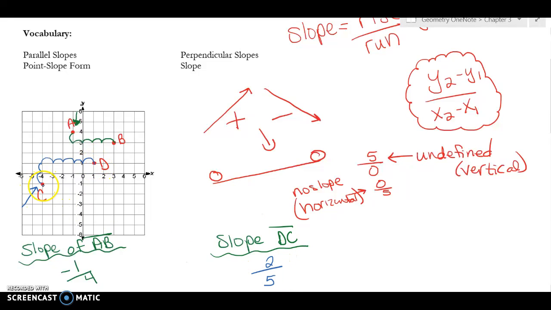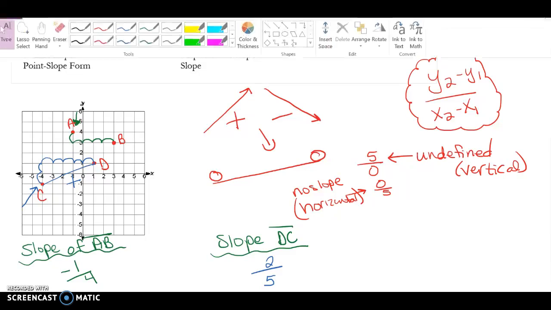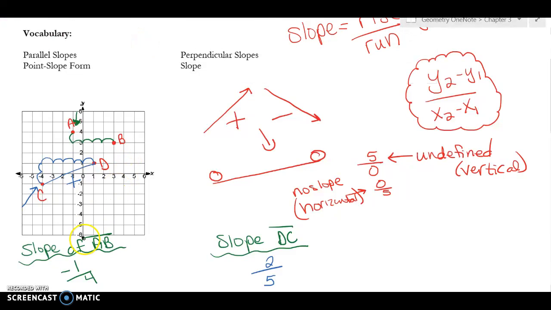Now, if I were to connect these points, you can see that this one goes up, so that's positive. And then this one here goes down, and so that's negative. So we got a negative slope for AB and a positive slope for DC, which is correct.